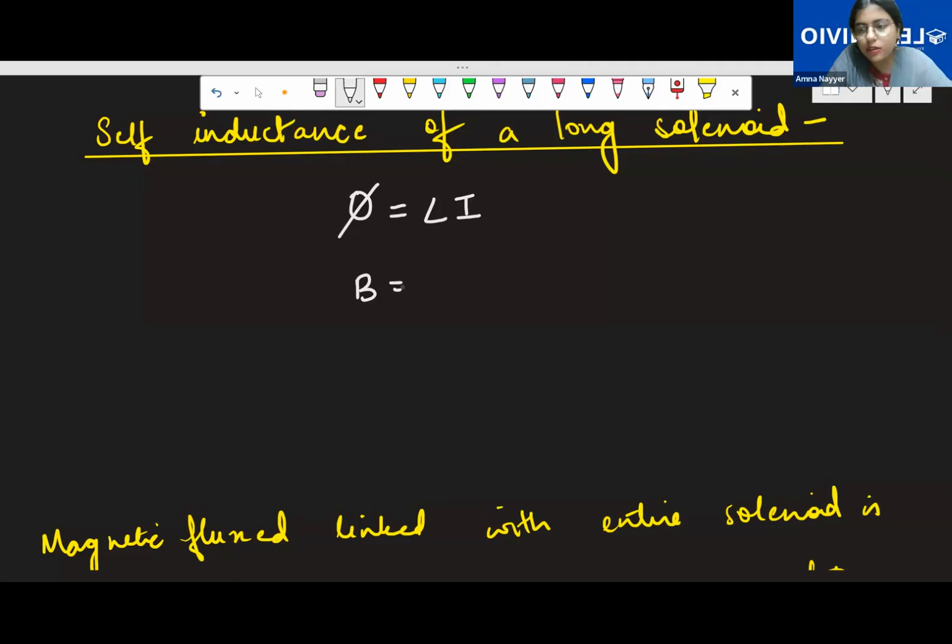Both had the same formula, and only the number of turns differed. Yes, Ali, what's the formula?